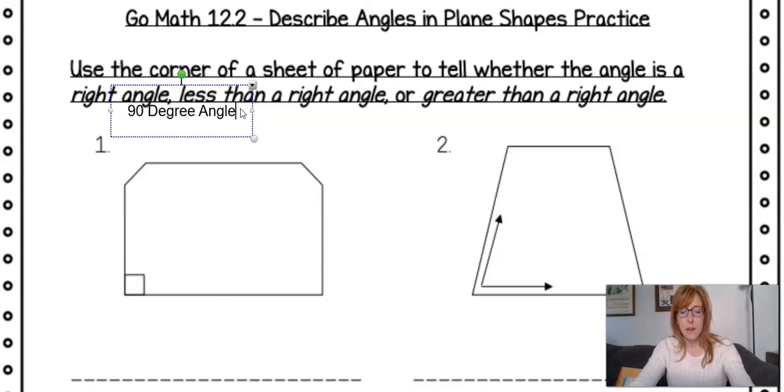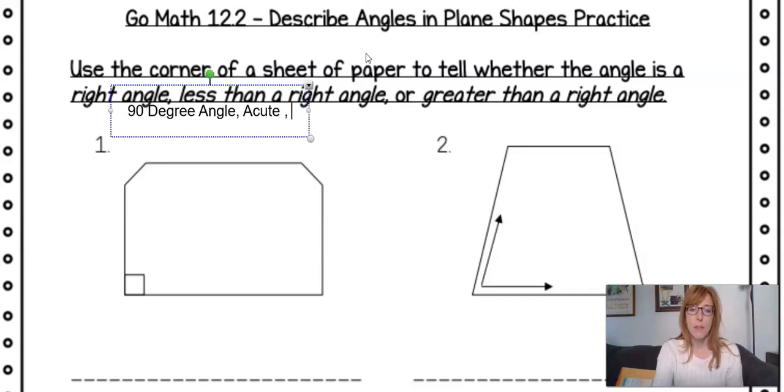Then the next one says less than a right angle. And hopefully you're thinking to yourself, okay, what is less than? So here's your 90-degree angle, and it would be less than. So that's a cute little angle. So hopefully you remember acute, and that is less than a 90-degree angle.